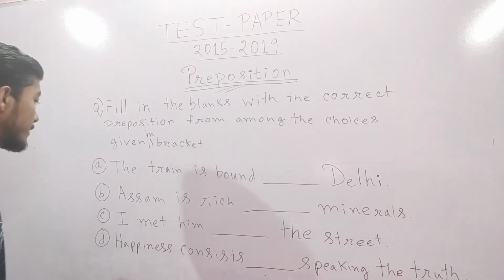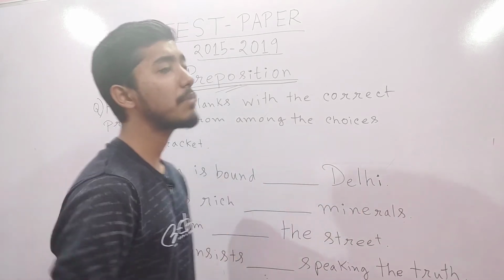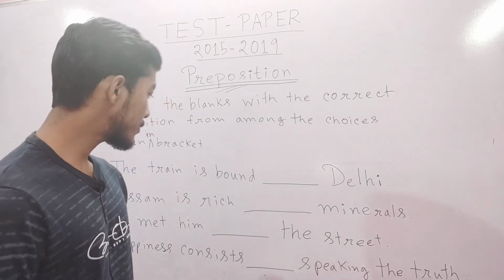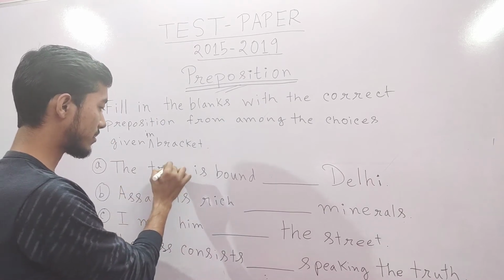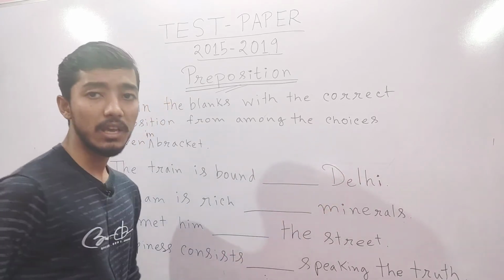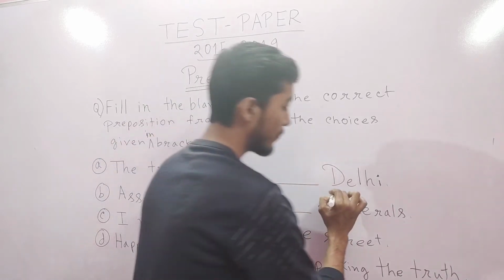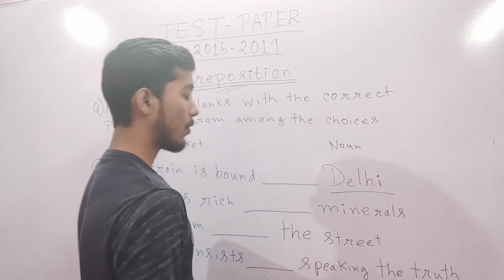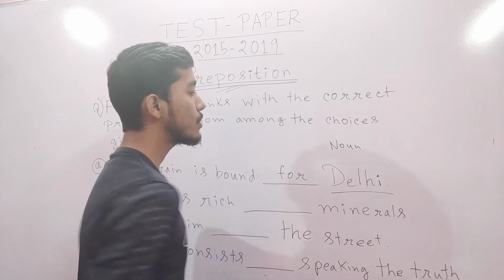Now, the first question: the train is bound dash Delhi. In your exams, you may get options like for, to, at. Now, always remember, whenever such sentences are there in exams, the train is bound dash Delhi, or maybe any other word here, if the word is a noun, we usually use for.